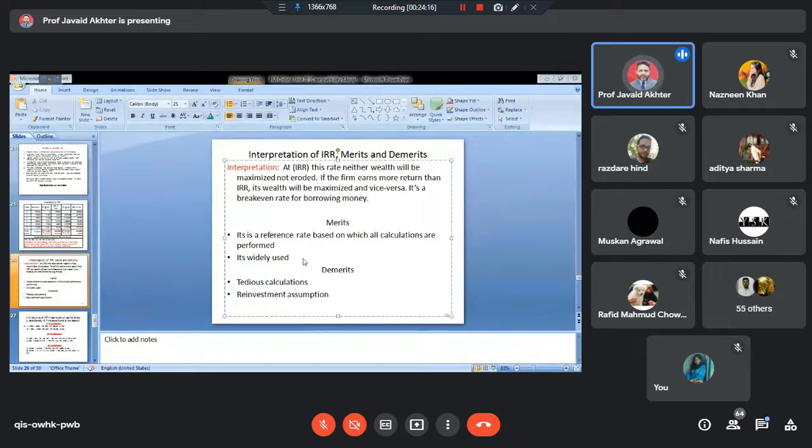A lot of firms use IRR in their calculation. Practically, no firm will be found which is not using IRR as a method for appraisal of its project. Whether it approves the project based on this or takes another method is a different matter, but for the purpose of evaluation, it certainly takes IRR into consideration.